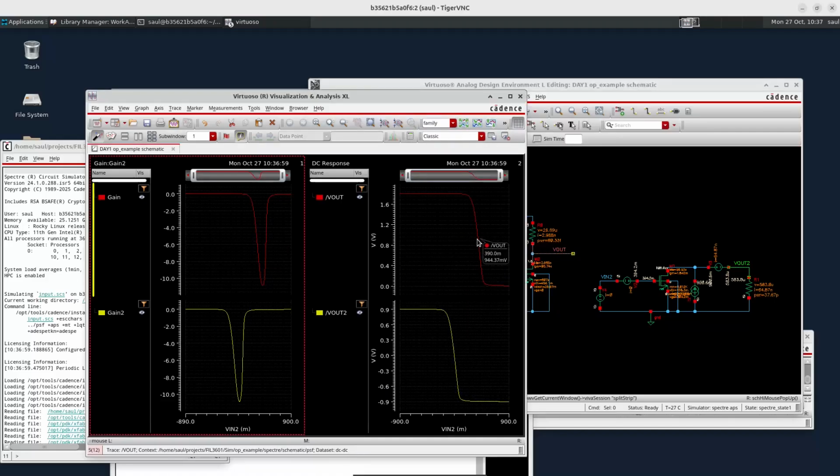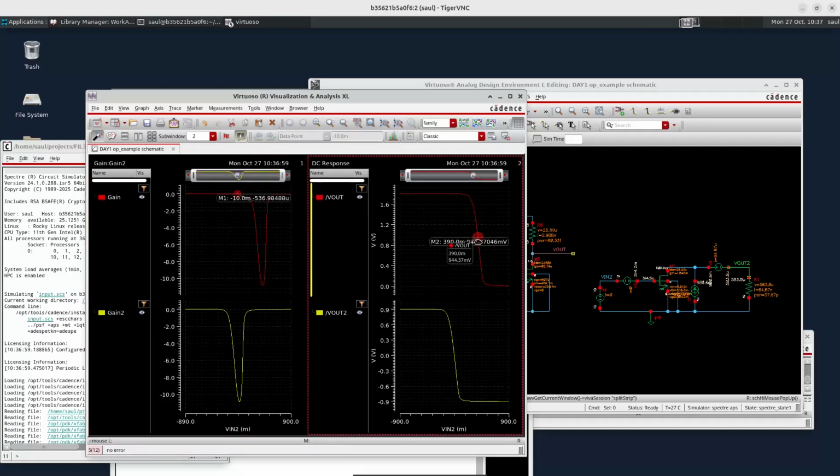So when I plot the curves, we see that I put a marker here. Our operating point is located around 900 millivolts, so it will be somewhere here.